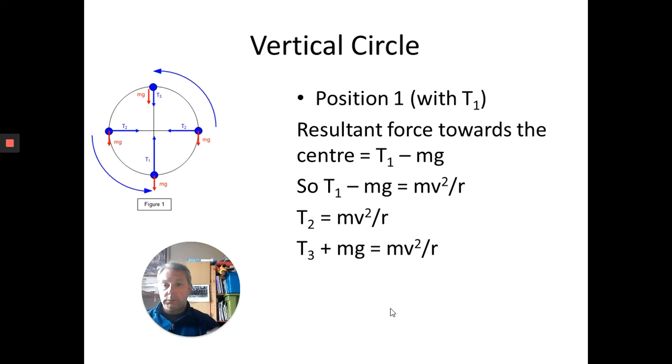T1, when it's at the bottom, is going to be a larger number than T3. If you can just imagine, if you're doing a vertical circle and you're not going fast enough, the string gets limp at the top and it'll fall down. So tension reduces at the top compared to where it increases to its maximum at the bottom. So you've just got to take these ideas into consideration when doing your calculations.